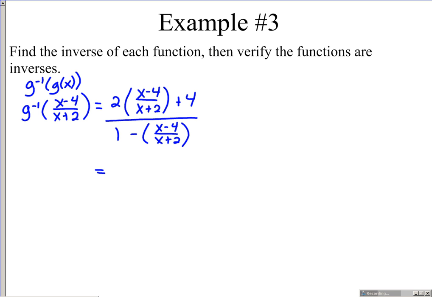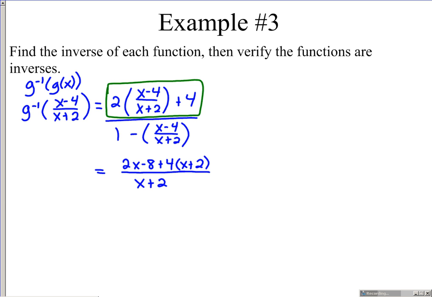Complex fraction, do the same 3 steps. Look only at the top portion first. So I'm looking only at the numerator. I need to get a common denominator up there and simplify. Common denominator is going to be x plus 2. We have 2x minus 8 plus 4 times x plus 2.